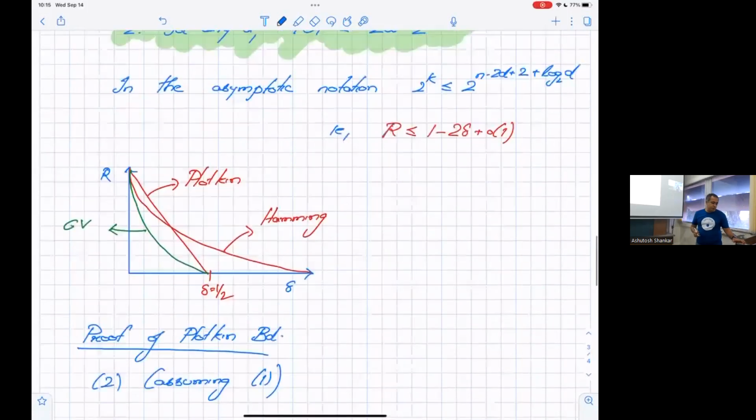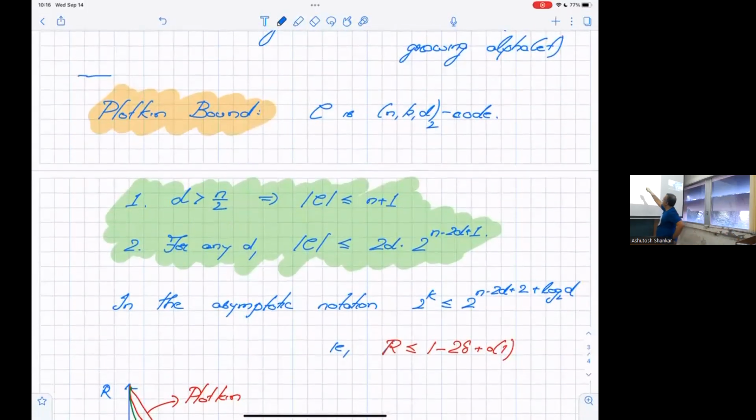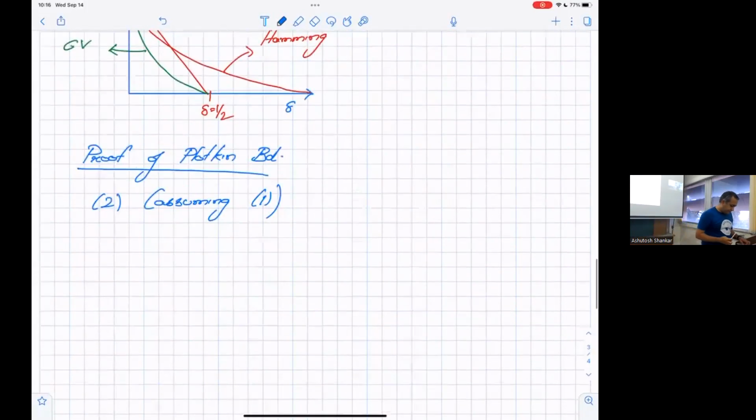So let's assume this one and use that to prove this object. And the main idea, once again, is going to use these projections and codes. So let's look at C. So C is some n symbol code, n bit code.